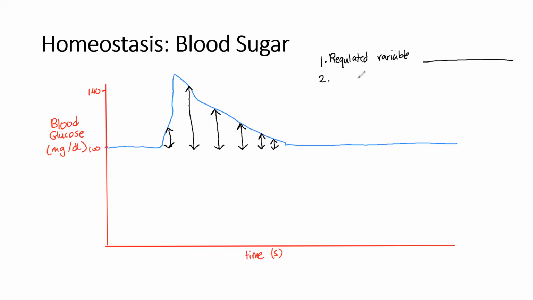You're also going to fill in, for this example, what is the set point? Our third term was negative feedback. So based upon how we just described negative feedback, how would you define that relevant to this example? And then the fourth one we had was the error signal.